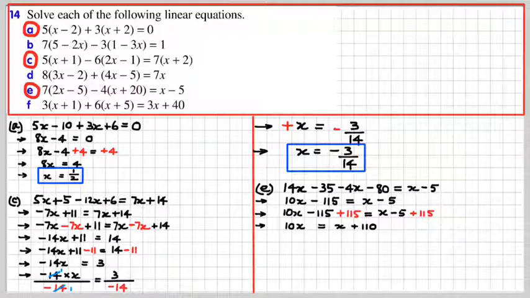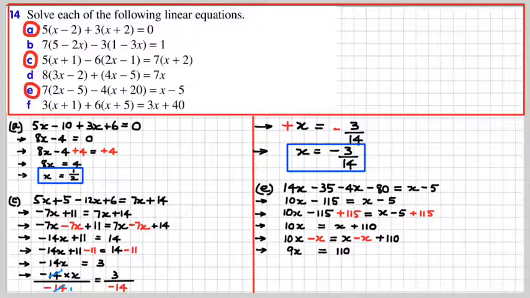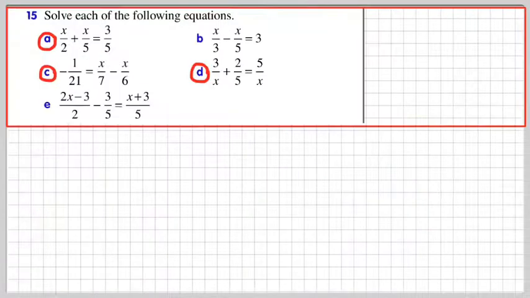Goodness. We better subtract x from both sides now, and we get 9x equals 110, and divide both sides by 9, we'll get x is 110 over 9. That's the answer. Okay? Very good. Very excellent. Now, here's some more for you. Solve. Pause the video, off you go.